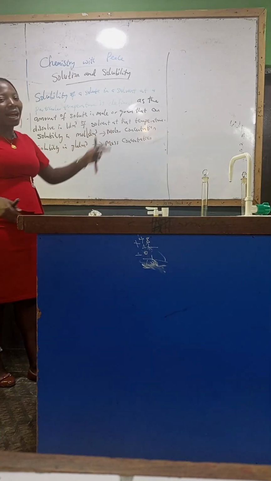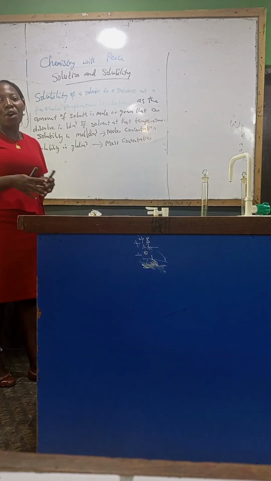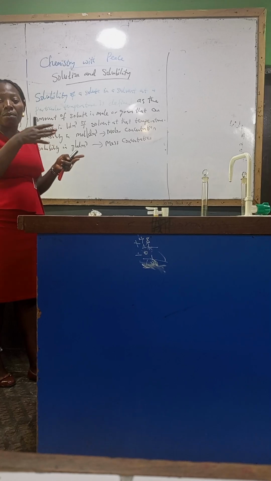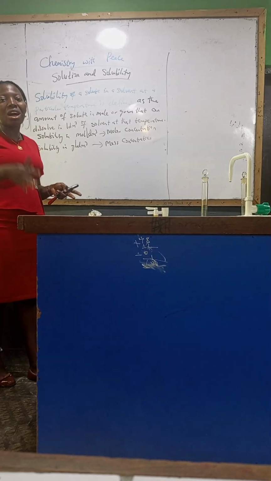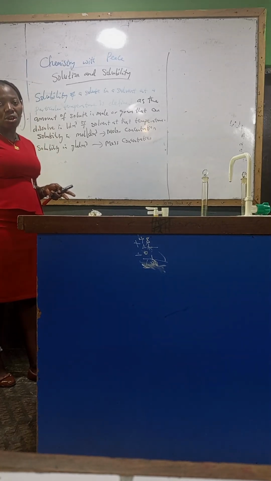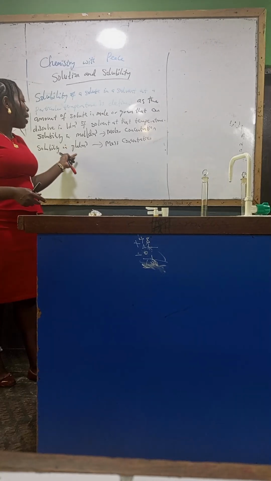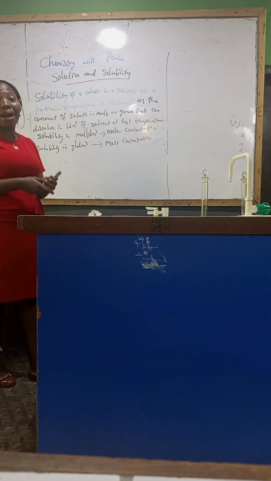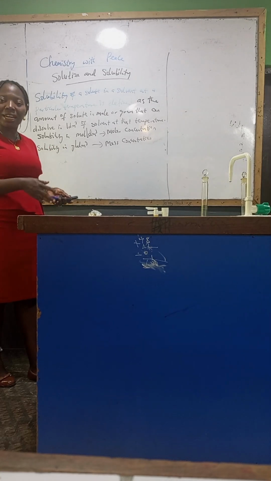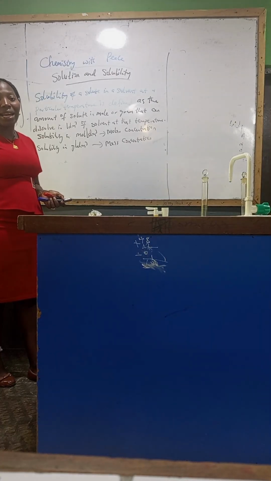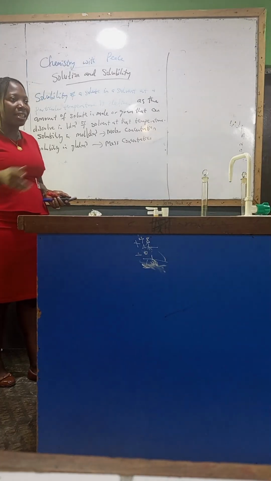What is molar concentration? Molar concentration is the number of moles of solute dissolved in 1 dm³ of a solvent, while mass concentration is the mass of a solute in gram dissolved in 1 dm³ of a solvent.